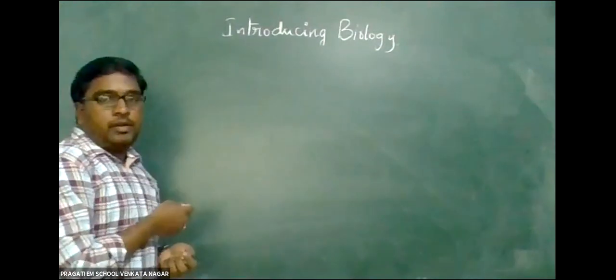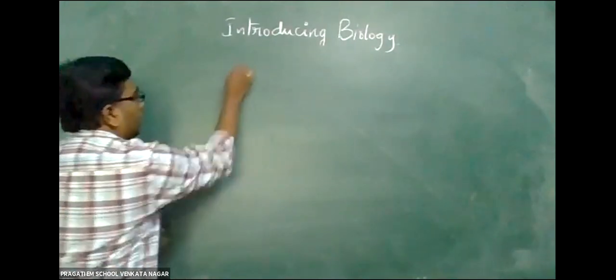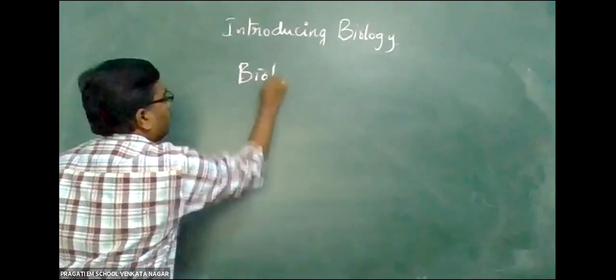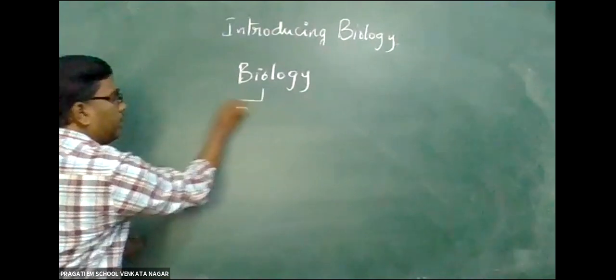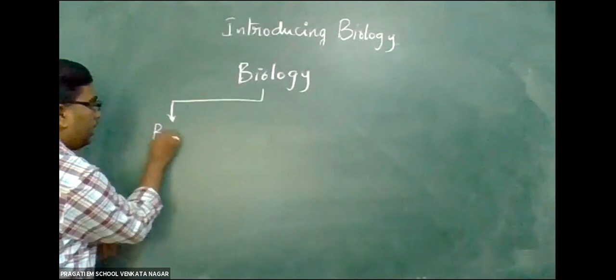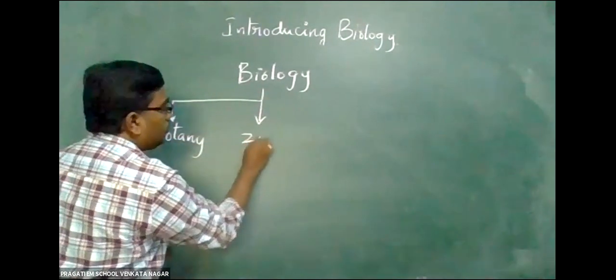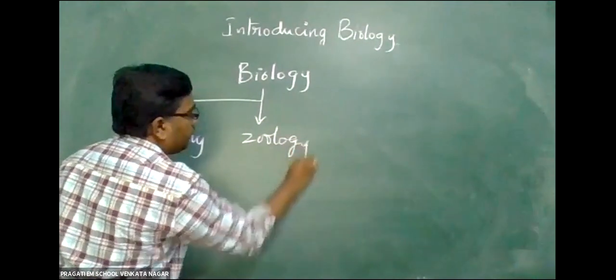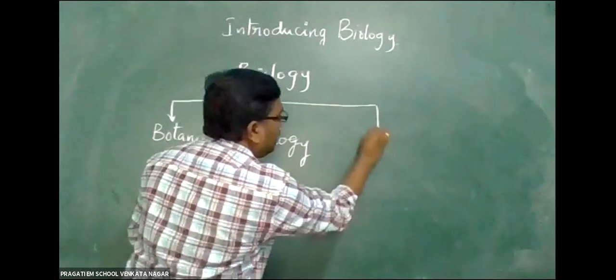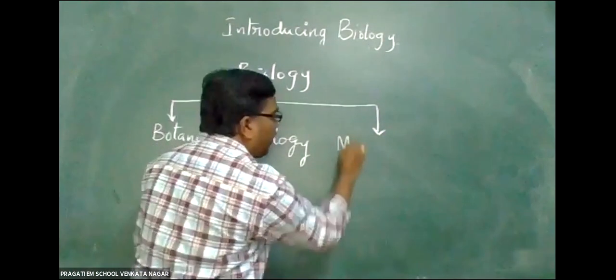So children, look at the board here. Biology is the study of living organisms. It is divided into different branches like botany, and the second one, zoology, and another division, please note down, microbiology.